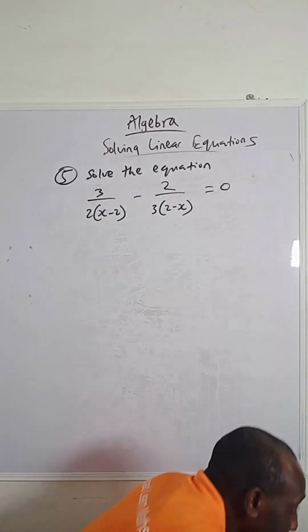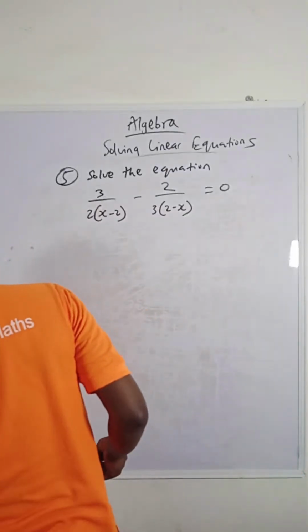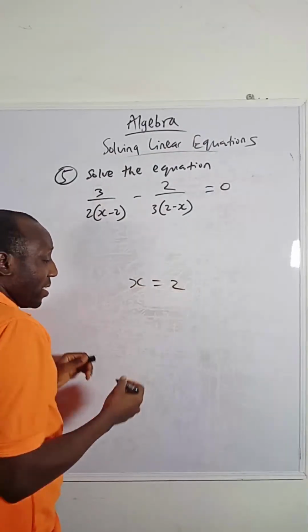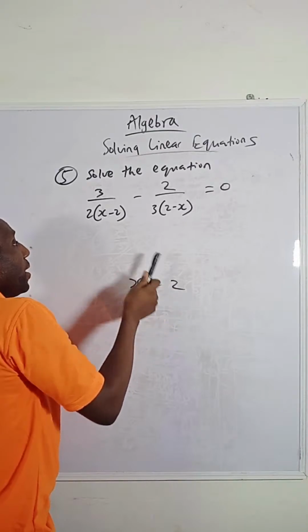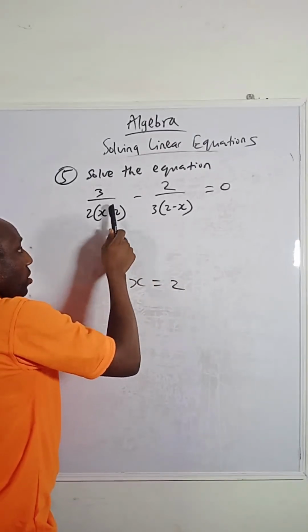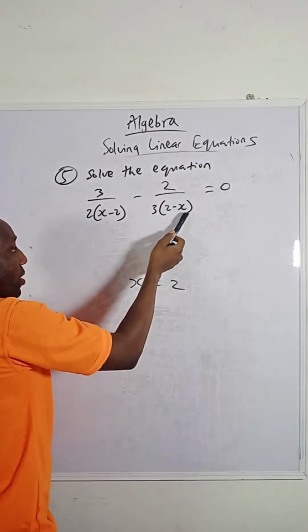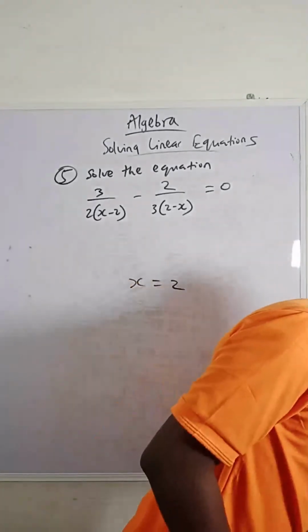The person that said x is 2, you're actually right. If you make x equal to 2 and plug it into this equation, it's going to be undefined, because 2 minus 2 is 0, and 0 times 3 is 0, making it undefined. So I get your point.